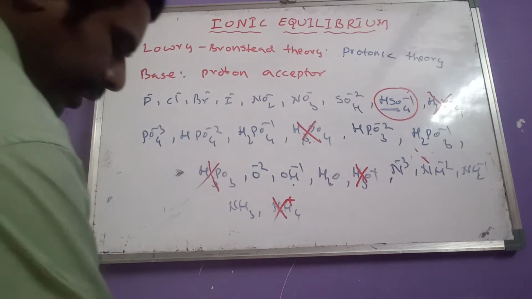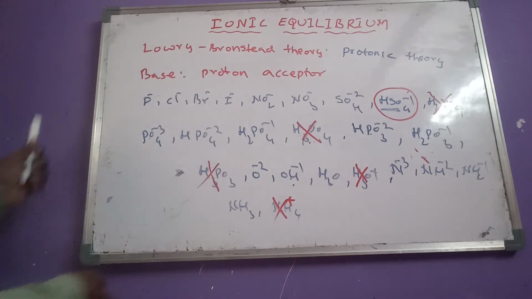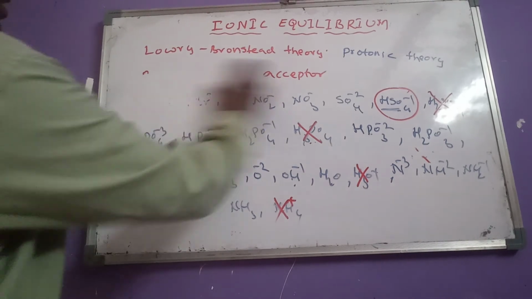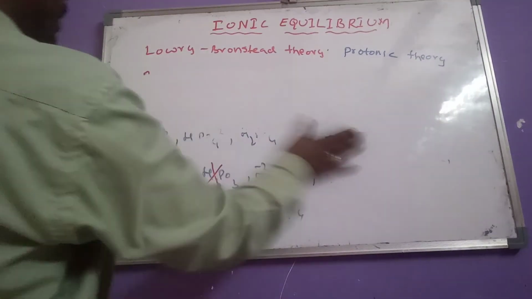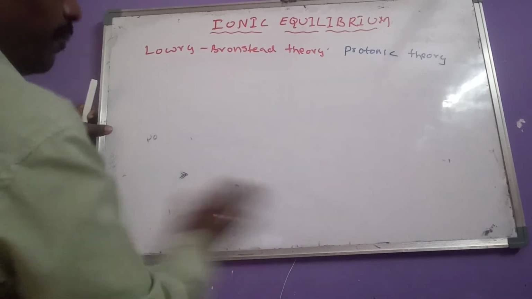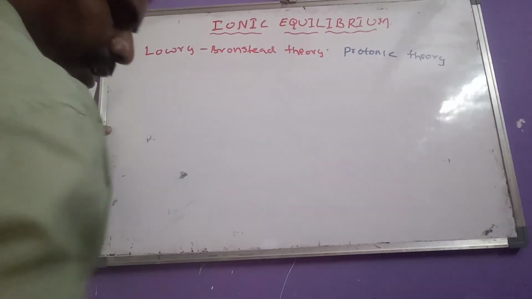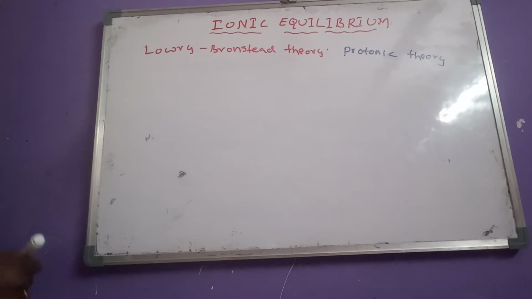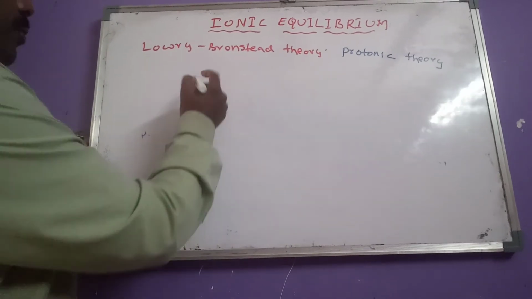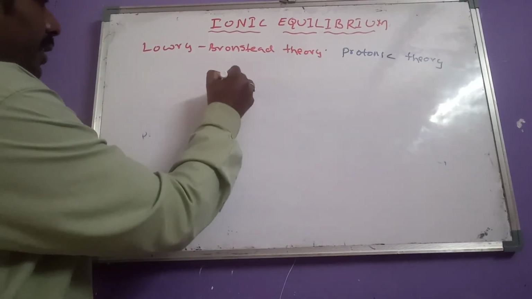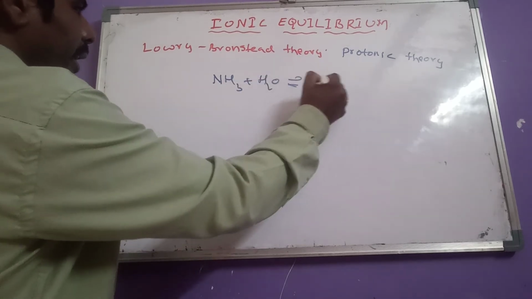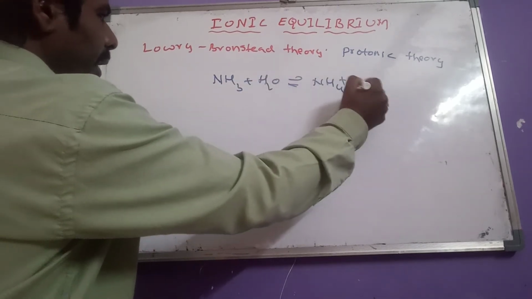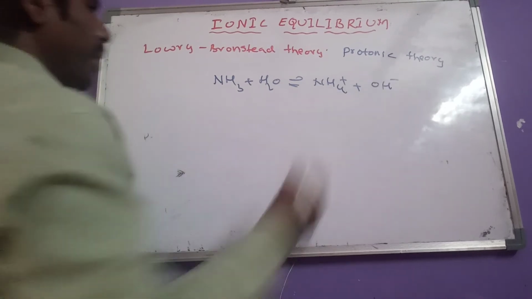These are the examples for Bronsted acids and bases. Now, what is neutralization? Let us see in the case of Bronsted-Lowry theory, or Lowry-Bronsted theory. Let us consider some examples here. First example: NH3 when treated with H2O gives NH4 plus and OH minus.